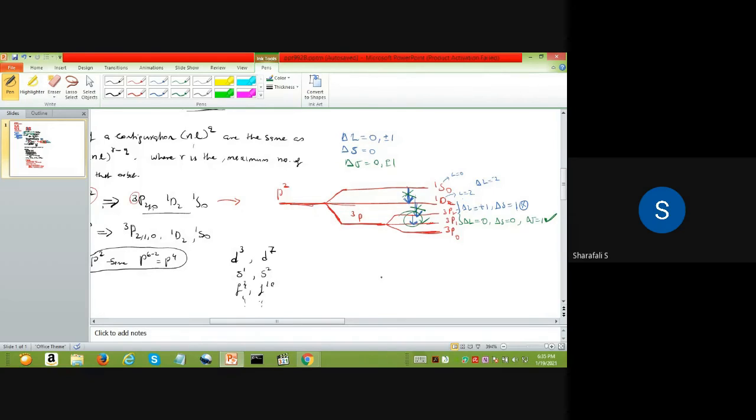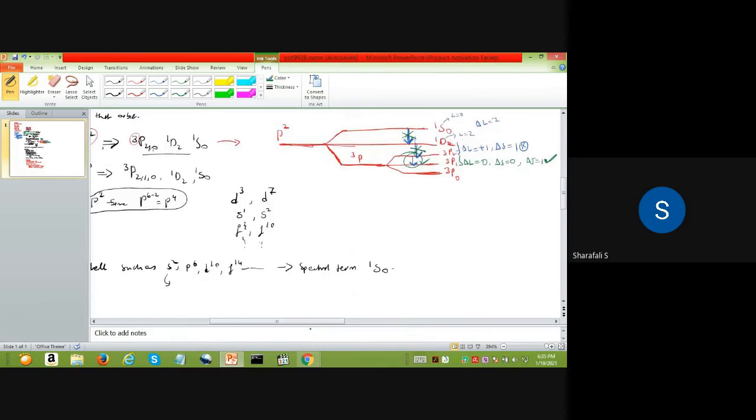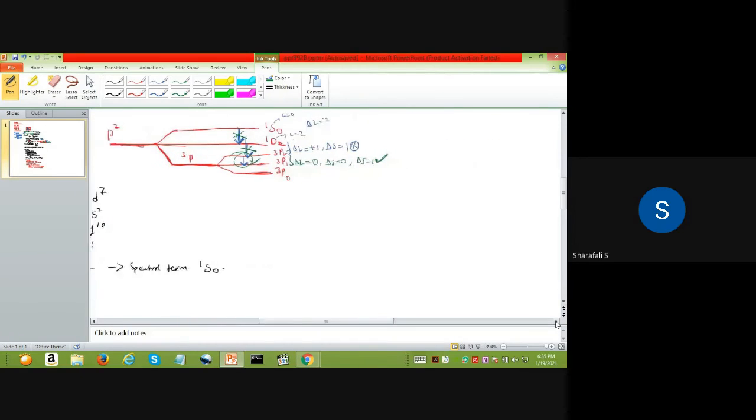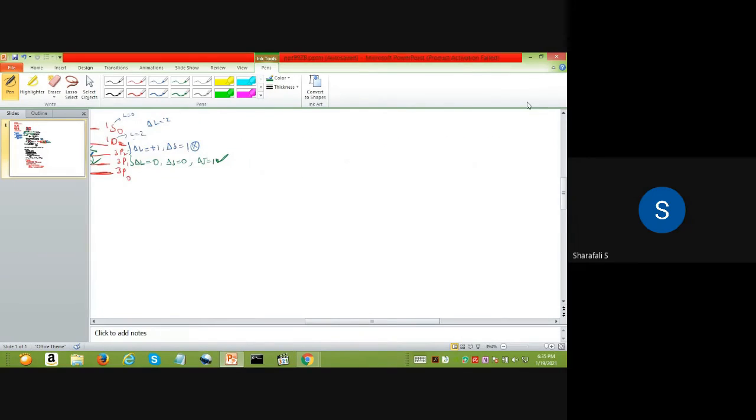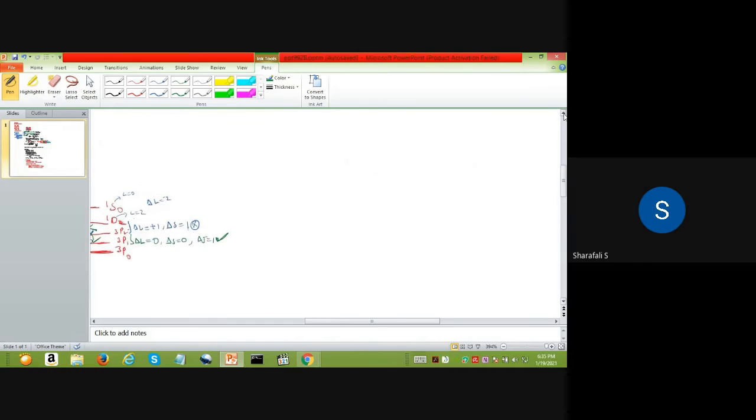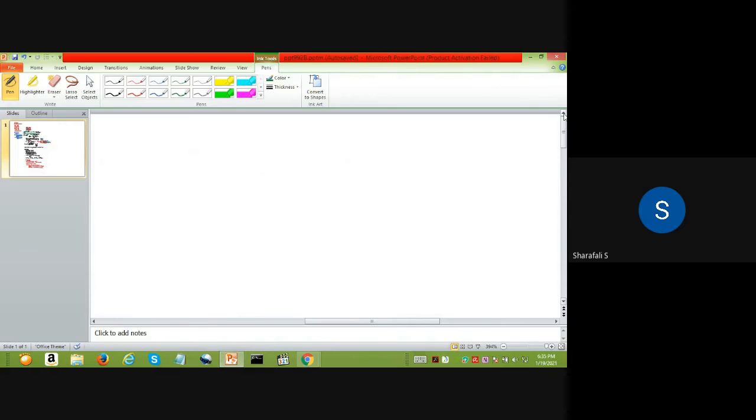Now this LS coupling scheme is only applicable when your atom is very small. But if you have more electrons in your atom, then instead of LS coupling, the electrons in the same orbit couple together with their L and S values. Then we have another coupling scheme called JJ coupling. So let's consider this case.